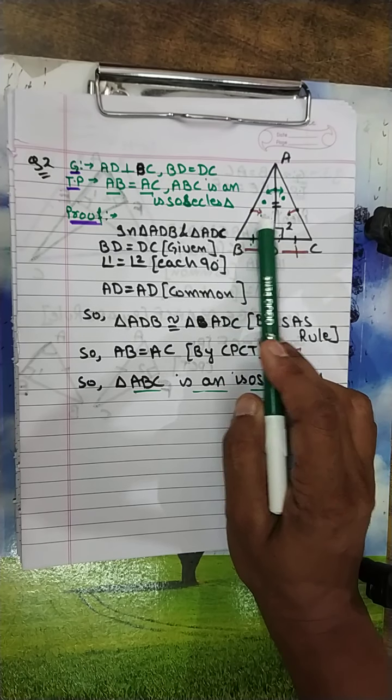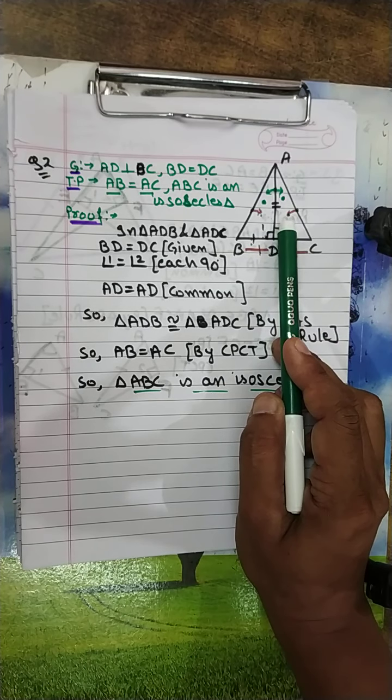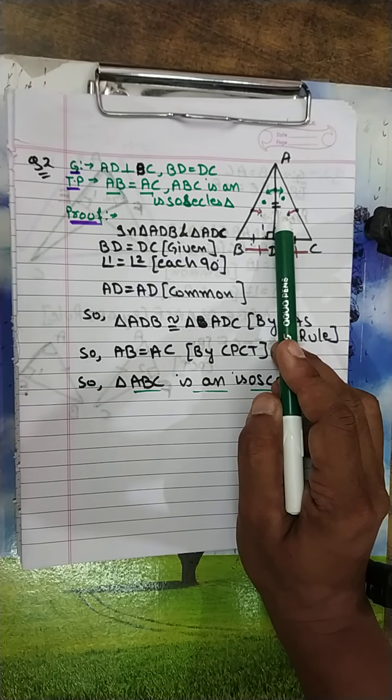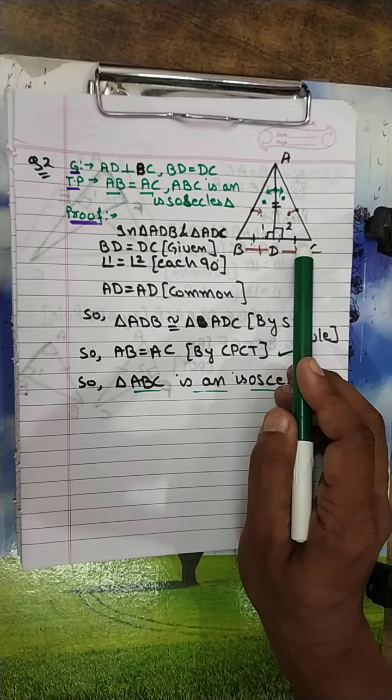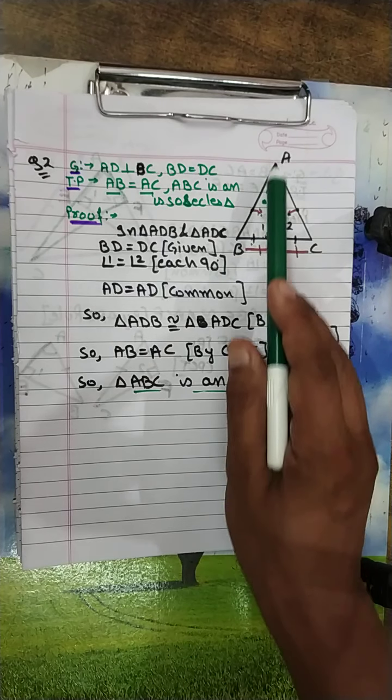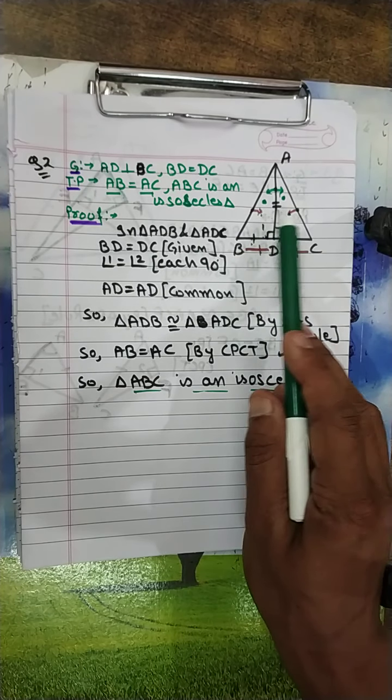AB is a part of this triangle, AC is a part of this triangle. If we make both triangles congruent, then by CPCT we can prove that. Now you can easily see which property is going to apply.